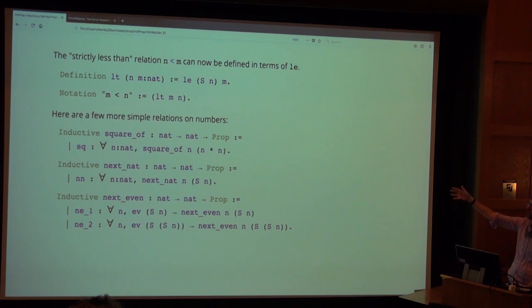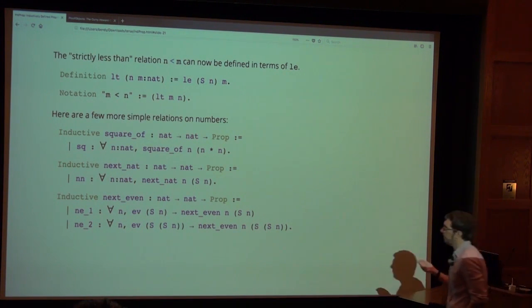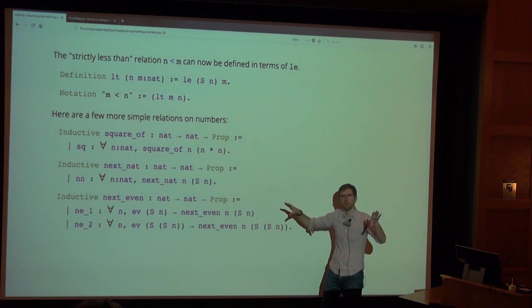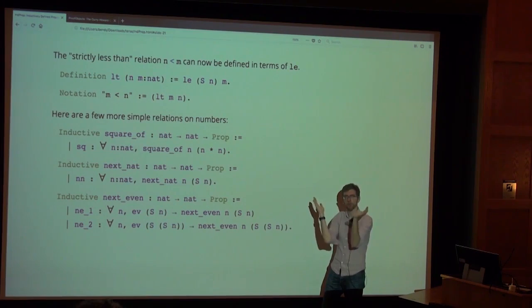So practically speaking, I don't think defining square of or next nat as equality, in a similar way to LT, would be any nicer than working with these inductive definitions. I don't think you'd buy anything. Where it does come into use, really nice use, is if you have multiple cases, like here. This is much nicer to work with than having big disjoint sequences of ORs, right?